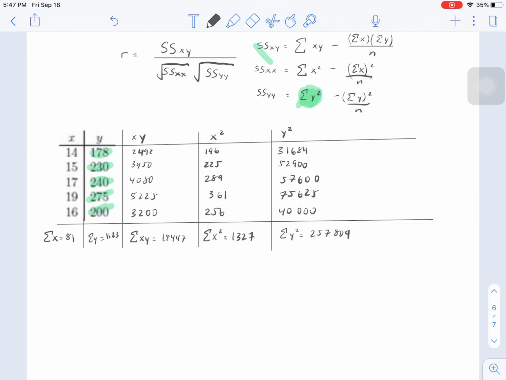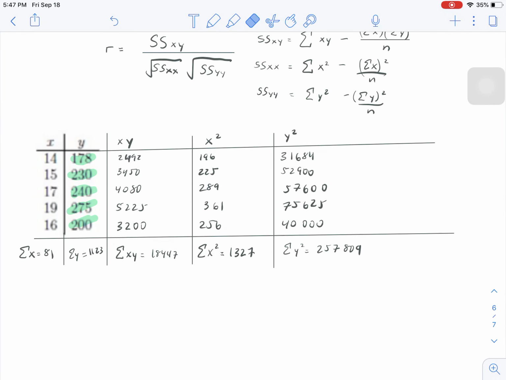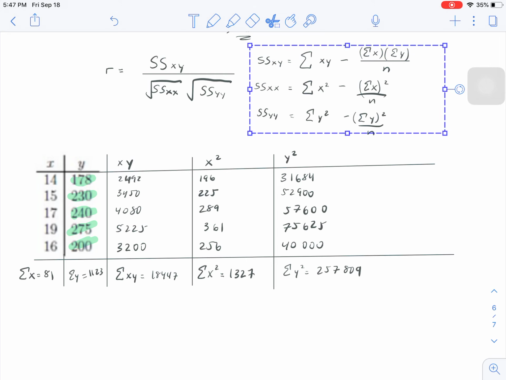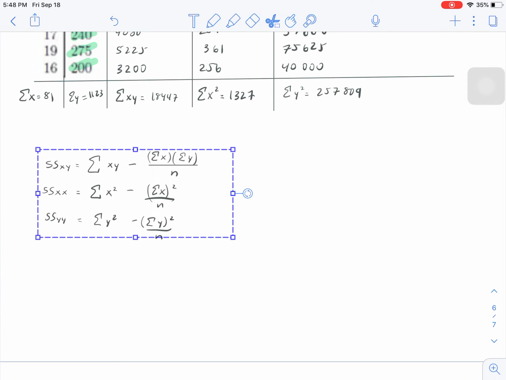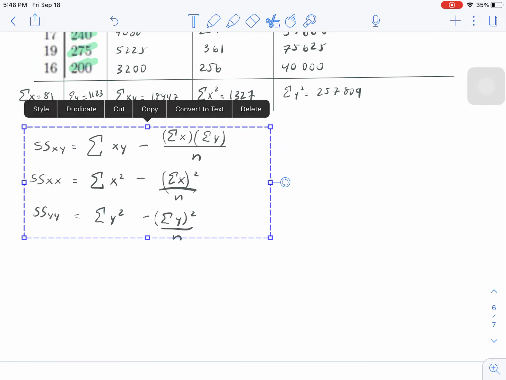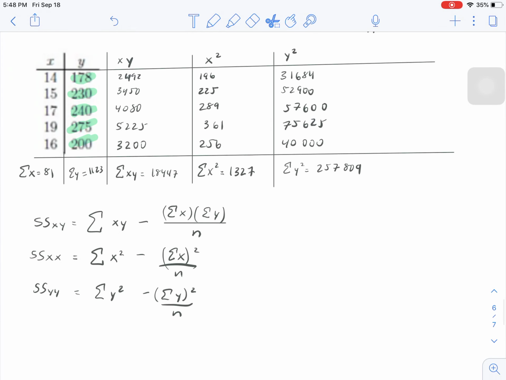All right, so now I have all the quantities I need to calculate these sums of squares. So I'll bring these formulas down here. Let's work with the first one. I need to take the sum of all the x times y's, which is right here, 18,447, minus the sum of all the x's times the sum of all the y's, and divide it by my sample size.